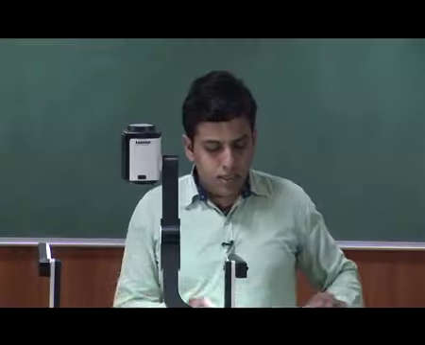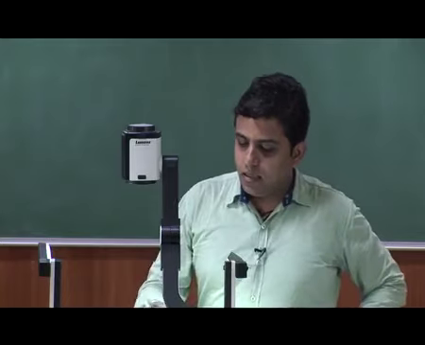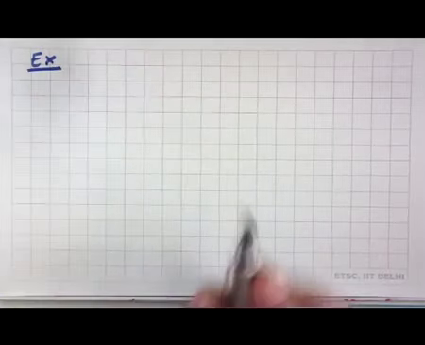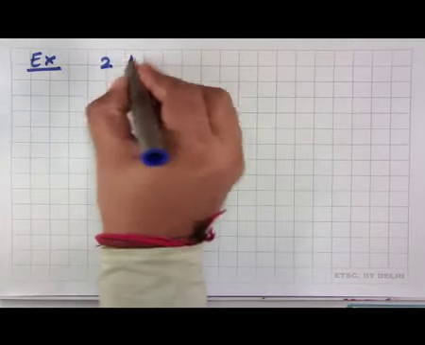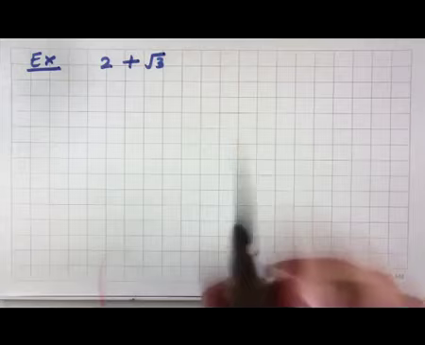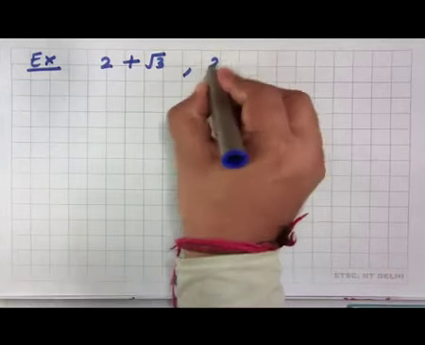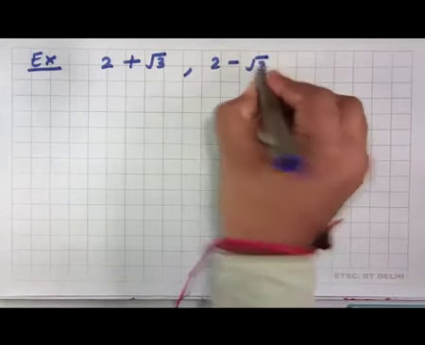Now, let us take an example. Suppose there are two roots of the quadratic equation. The first root is 2 plus root 3, and the second root is 2 minus root 3.